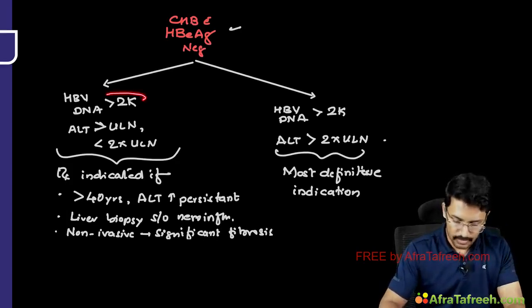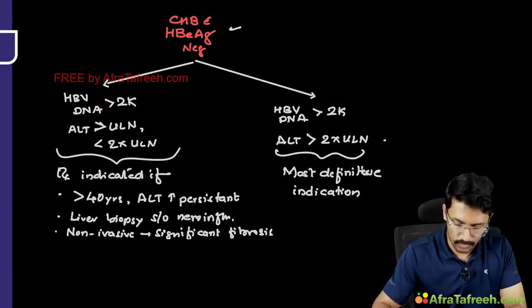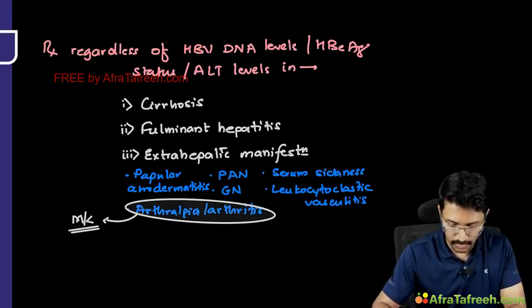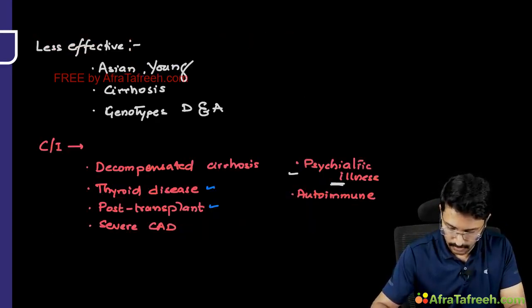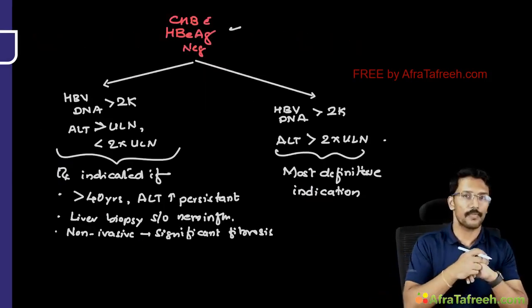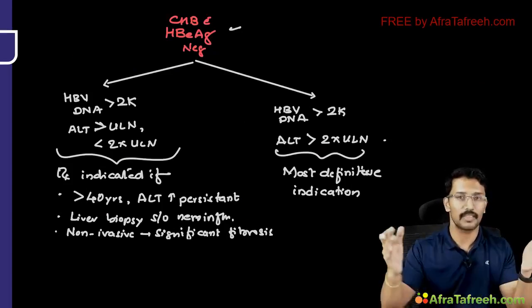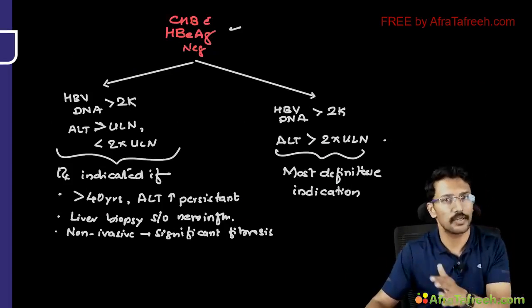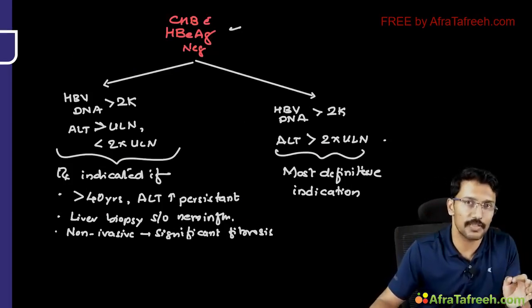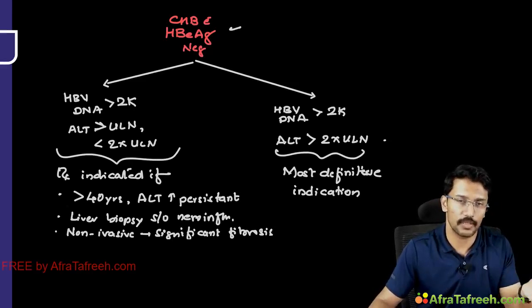Again I will tell you the same statement that I told you for the HBeAg positive individuals. When the DNA level is less than 2K, it still doesn't rule out the need for treatment initiation. We still need to follow these patients up at 3 months, 6 months and 1 year, and subsequently once in 6 months, because this may be indicative of the seroconversion illness.